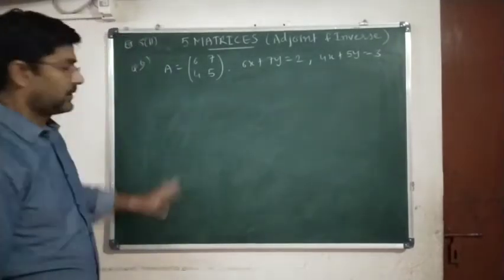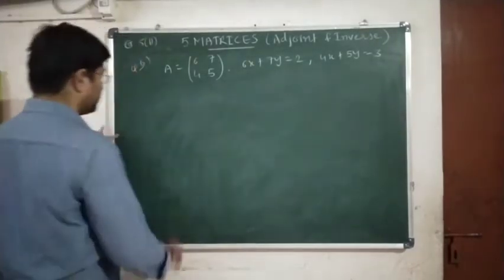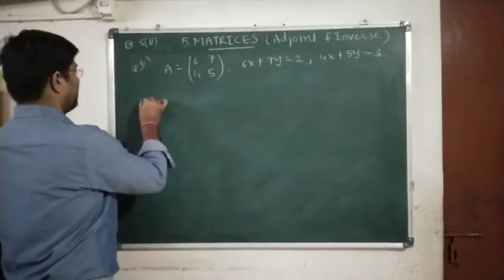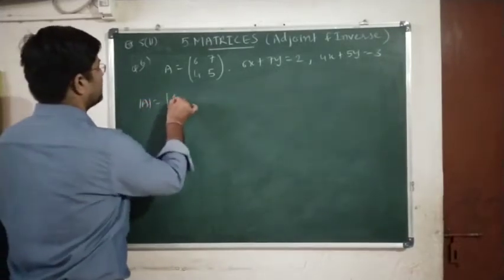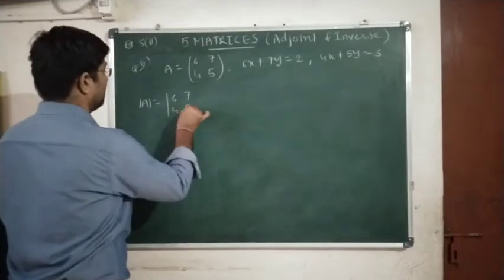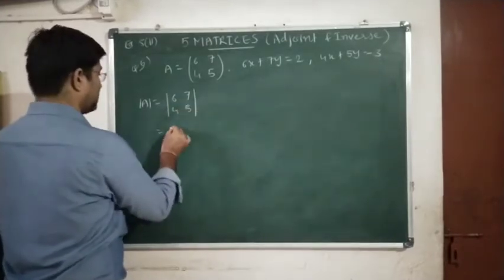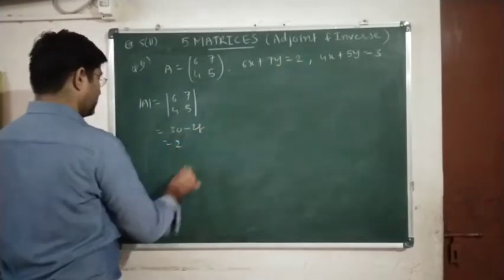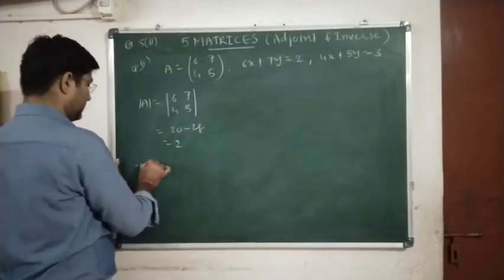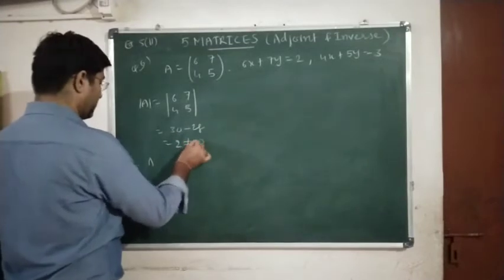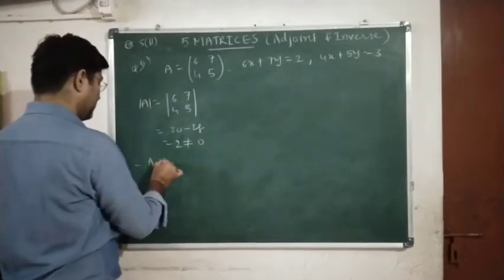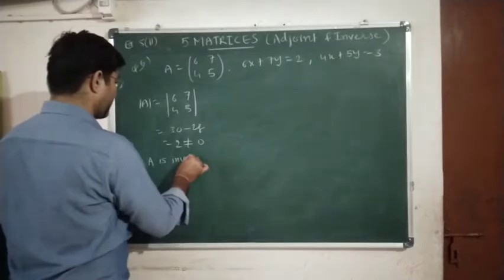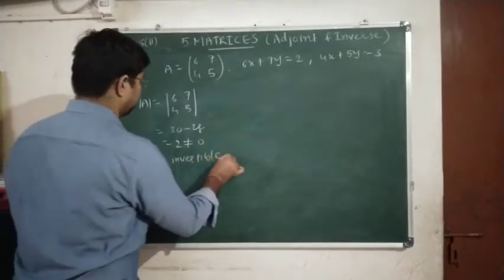So let us find out the inverse of matrix A. For that determinant of A we will find first. It is equal to 6 times 5 is 30 minus 28, which is equal to 2. So this is not equal to 0, hence A is invertible.